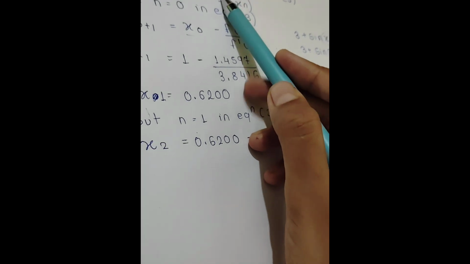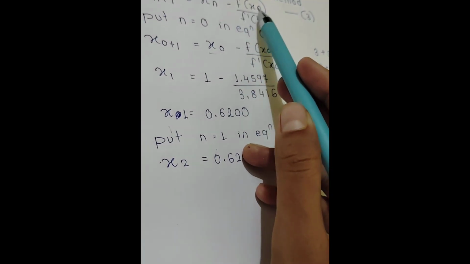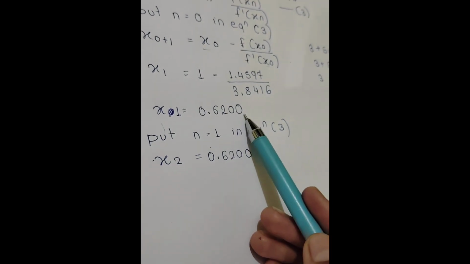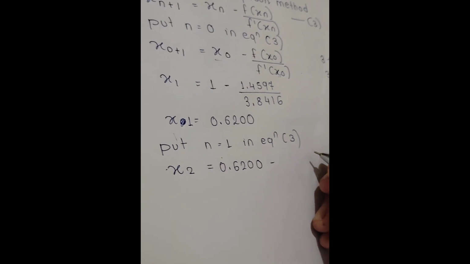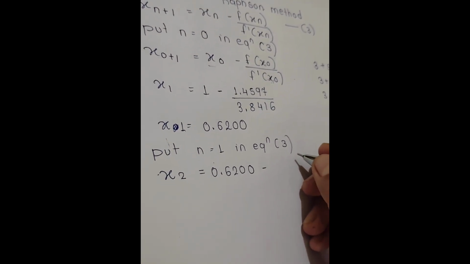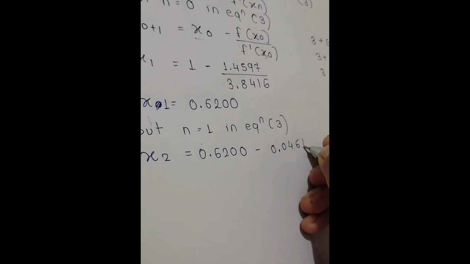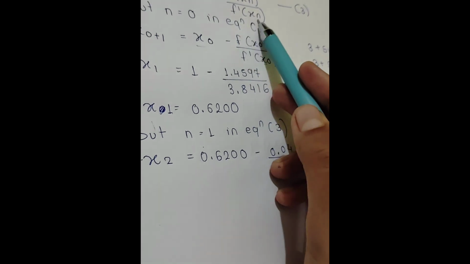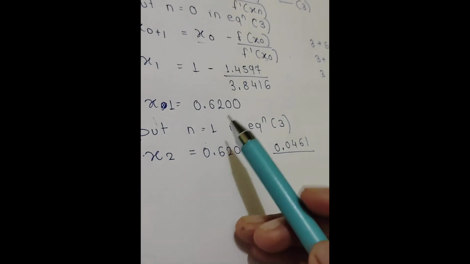That means we have to find the value of f(x) by taking 0.6200 as the value of x. When we solve it in equation 1, we get the answer 0.0461, and to find f'(x_n), we put this value in equation 2.